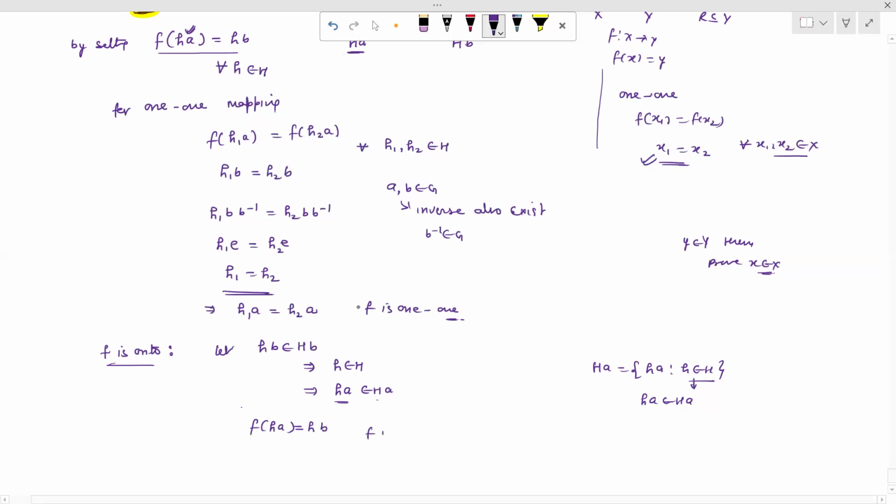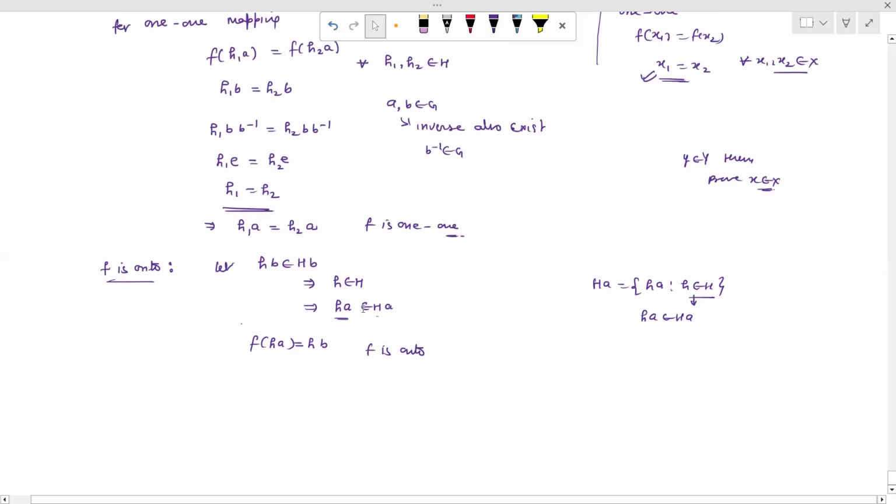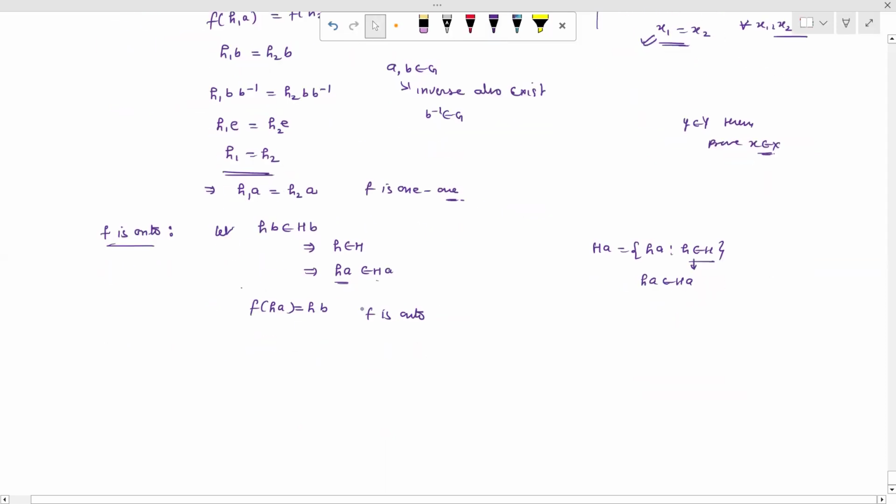So we can say that the function is onto. When the function is one-one and onto, the inverse also exists. So you can write the order of right coset of A is equal to order of right coset of B is equal to order of H.